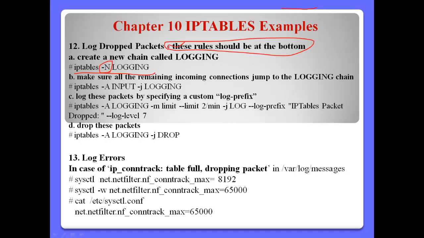And after that, number 2, -I INPUT -j logging. It means all packets to the input chain will be jumped to the logging chain. And after that, number C, iptables -A logging, the limit 2/minute, -j LOG, prefix "Iptables packet dropped", and log level 7.